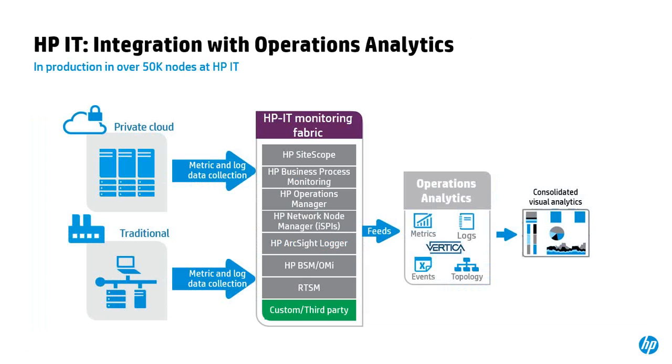It's currently in production at over 50,000 nodes in both their private cloud and also traditional data centers. I know many of you are HP customers. Here, it shows that they are really using operations analytics as a way to bring in all the data from their HP tools, but also their custom third-party tools.